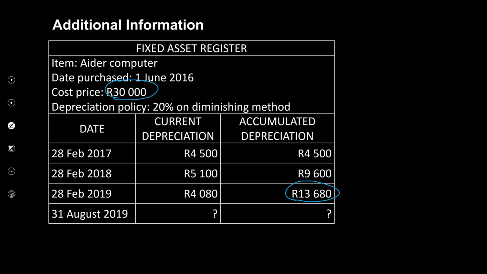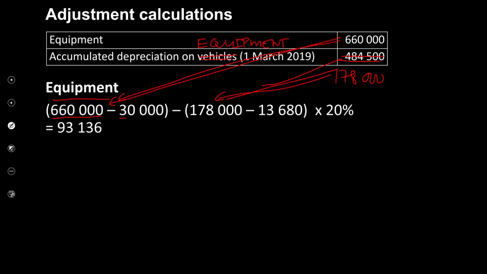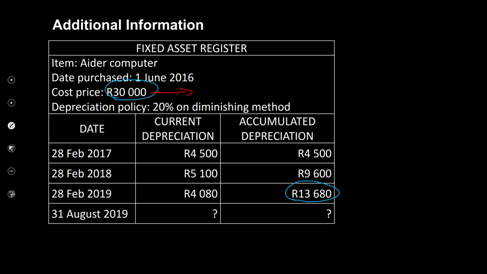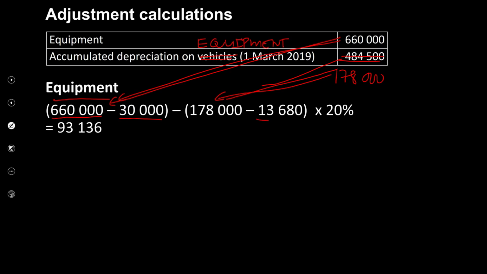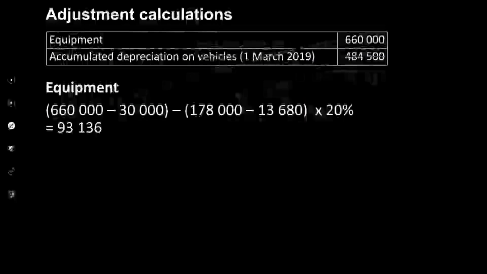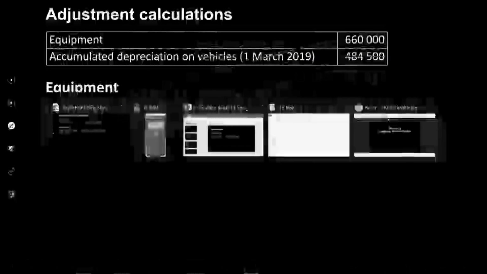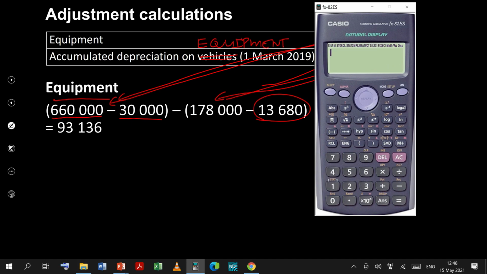Here we go. There's the 30,000. So, in my calculation, minus the 30,000. The accumulated on this computer was how much? There we go. 13,680. Therefore, minus 13,680. So, let's take our figures. Step number 1, we go 660,000 minus the 30,000, and that will give you a figure of 630,000.